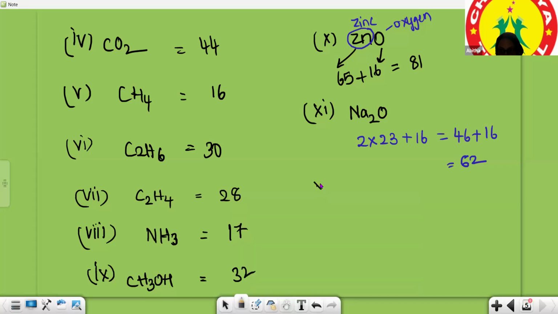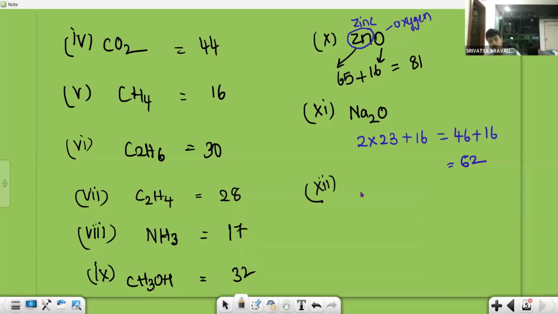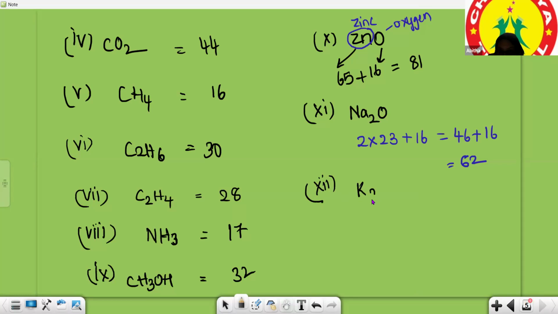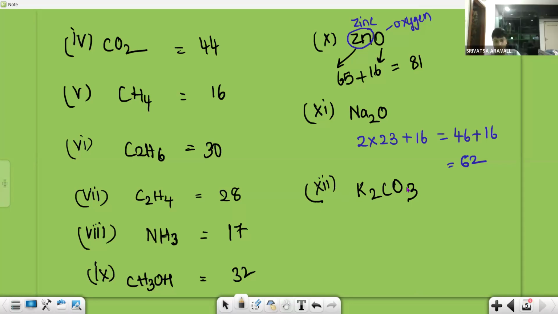Okay. Next one, K2CO3. Ma'am, actually Na is atomic number 11, no? 11 plus 11 is 22.